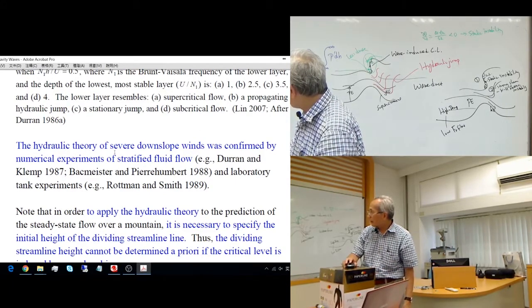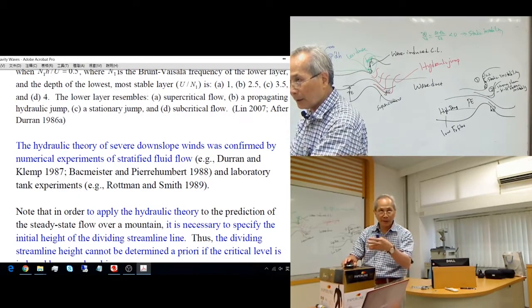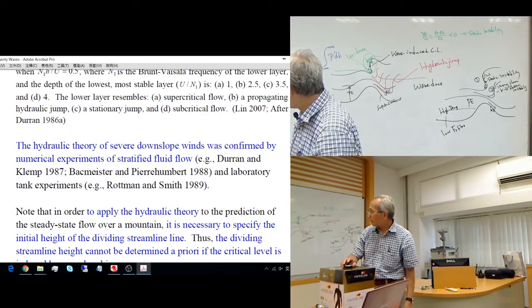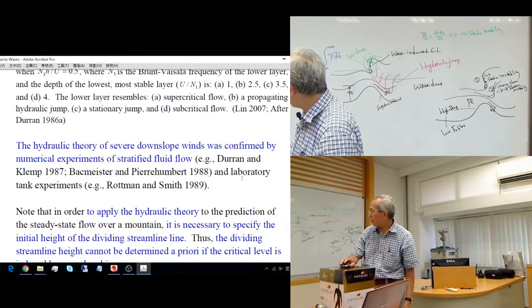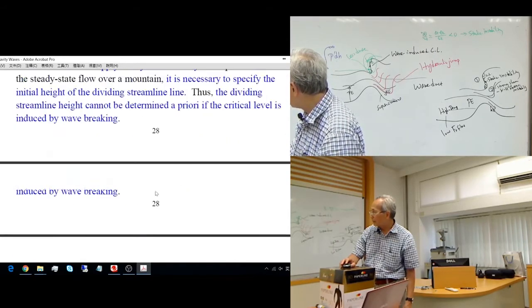The hydraulic theory of severe downslope winds was confirmed by numerical experiments of stratified fluid flow, like by Durran and Klemp. Klemp is the original leader of the developers of the WRF model. Then Bacmeister and Pierrehumbert, 1988, and also by laboratory tank experiments by Rottman and Smith.